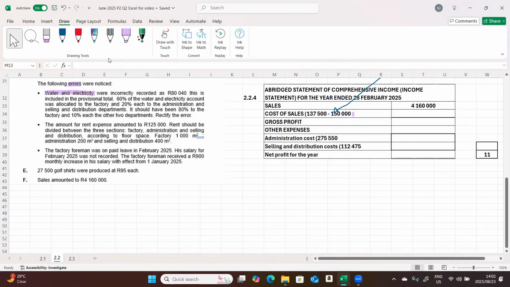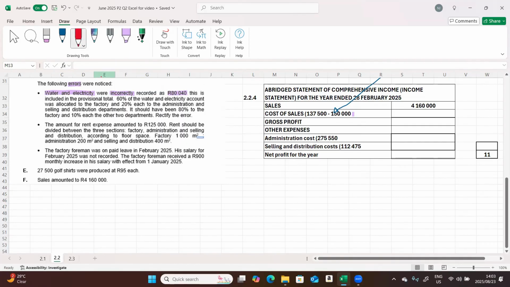All right. It was incorrectly, so wrongly. It was a mistake, guys. We incorrectly recorded water and electricity as 80,040 that was included in the provisional total. Now, there is a small mistake in this paper that we have to fix for you to earn these marks.